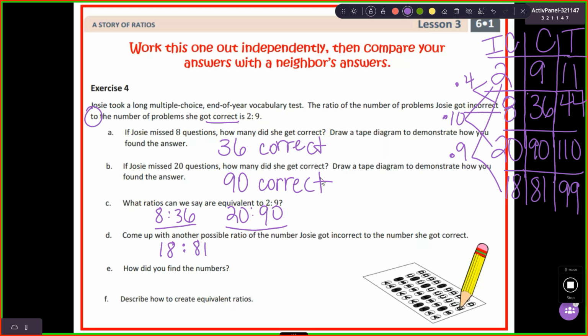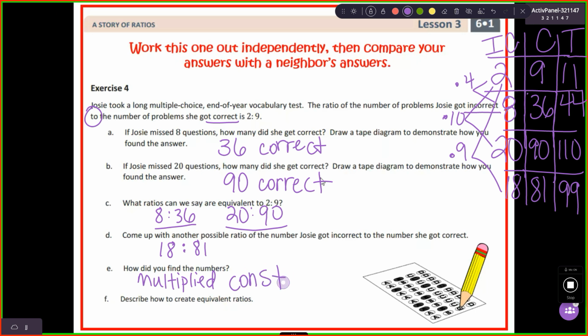So how did we find our numbers, guys? What did we constantly do? Multiplication. We multiplied. Did we ever have to divide this time? No, ma'am. And how we could go into detail with this a little bit more is we multiplied by the constant numbers.